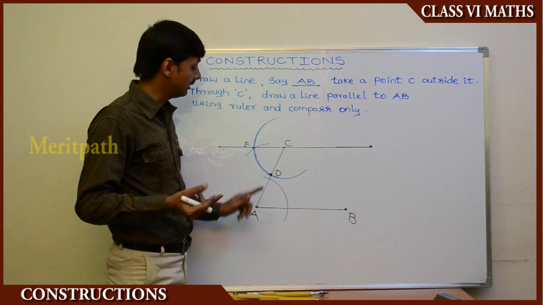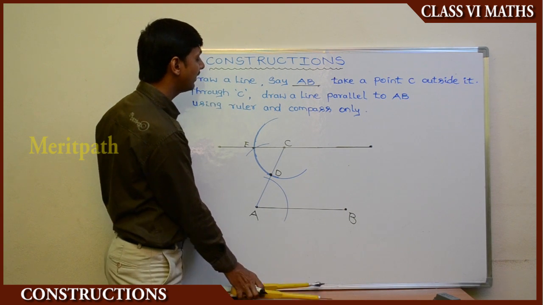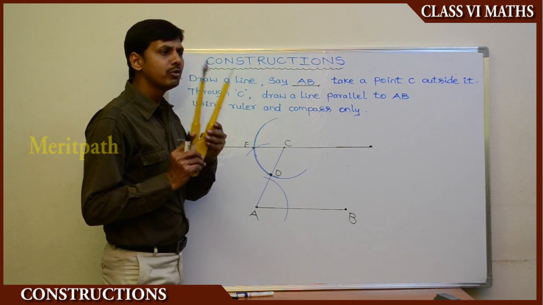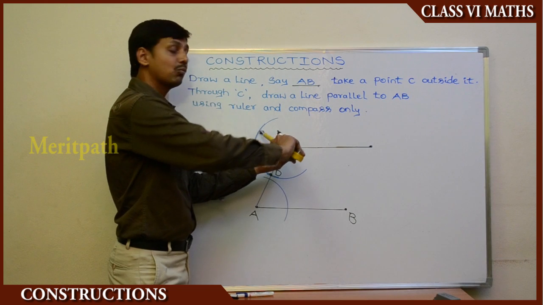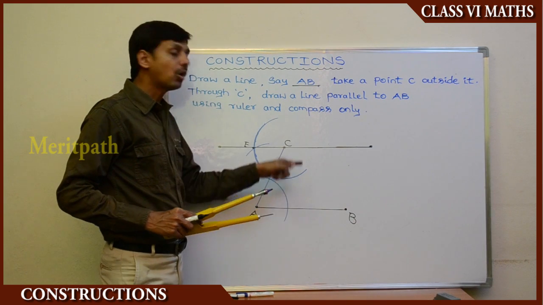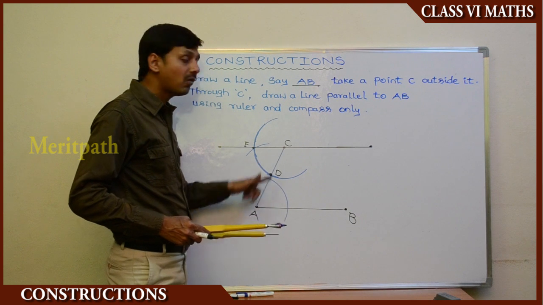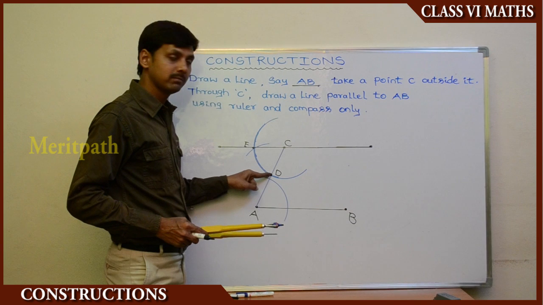Then after AC, let's take some radius on the compass. Then made an arc. Using the same radius at point C, we made an arc once again. We got one more arc. This arc is intersecting the line AC at one point. That point we have taken as D.